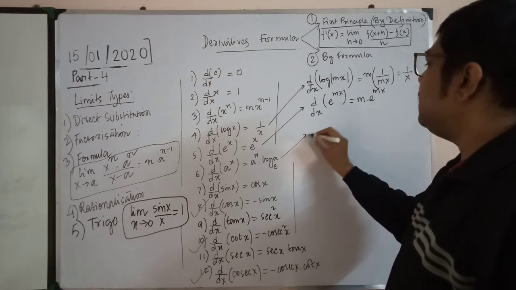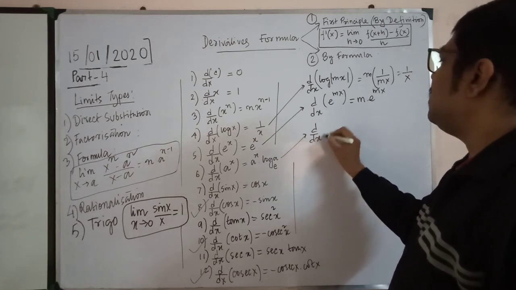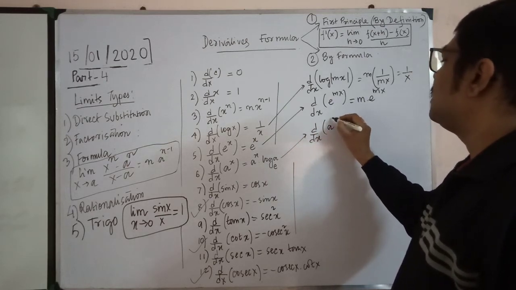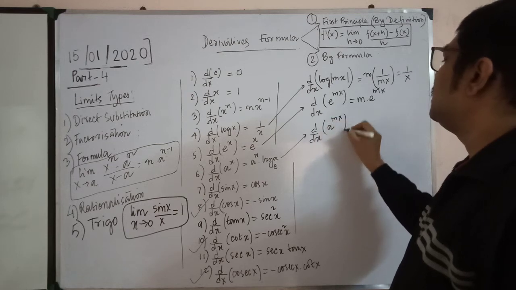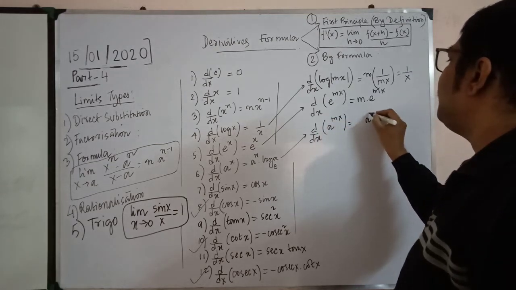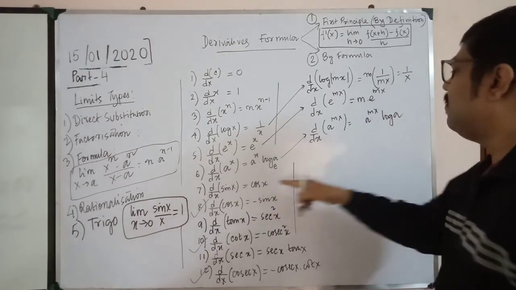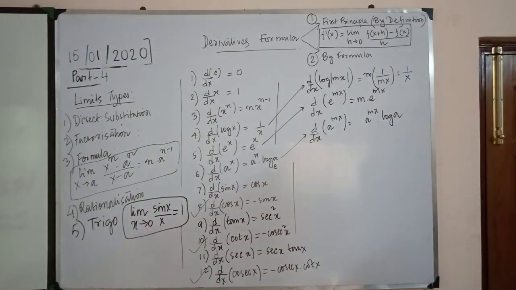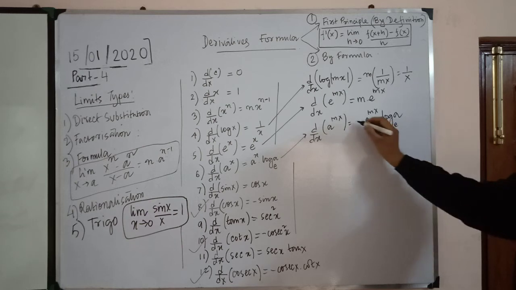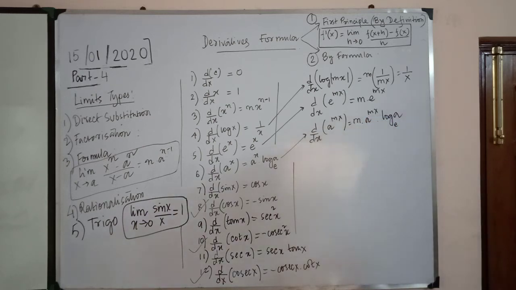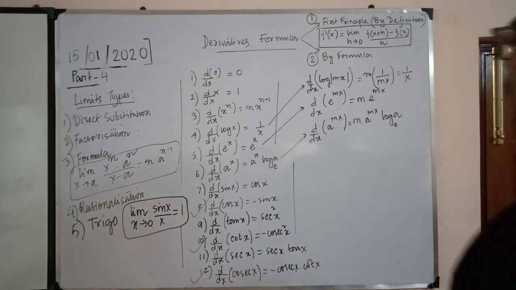Here also the same thing: if you write d/dx of a to the power mx, this will become a to the power mx into log a, base e, but m will be written outside. So if the coefficient of x is m, it will be written outside.